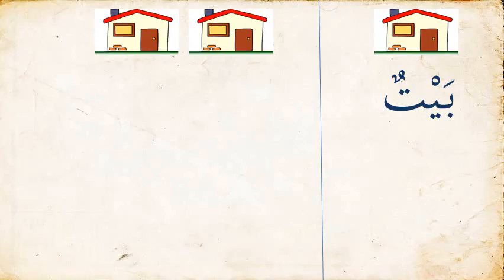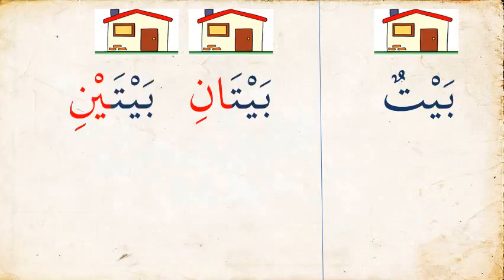A house is baytun. If I want to say two houses, I would again just add ani or aini. So baytun would become baytani or baytaini. So in Arabic, if you want to convert a word into dual, you add ani or aini to the word.